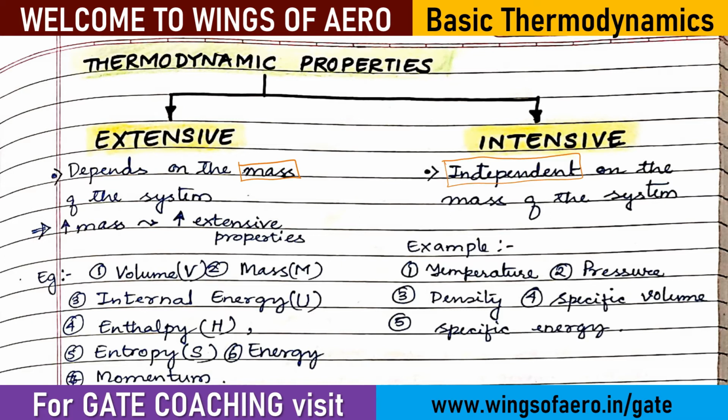This property is a factor which depends on the mass. Either it can be an independent or a dependent factor. Now you see extensive and intensive. Intensive starts with I, and independent also starts with I.